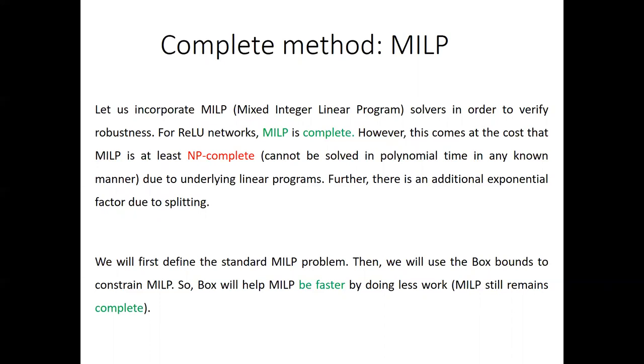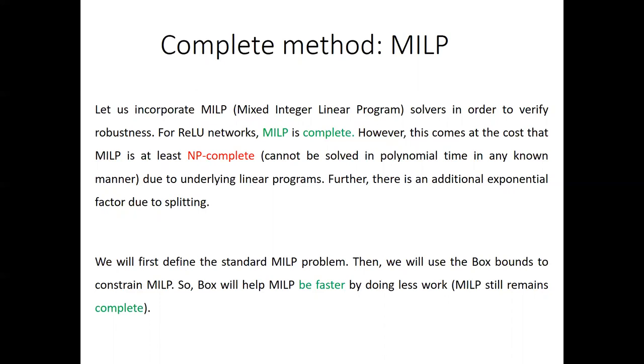We're going to study how to use MILP in order to solve the neural network certification problem. For ReLU networks consisting of affine layers and ReLU layers, MILP certification is complete. The benefit is that it is complete.